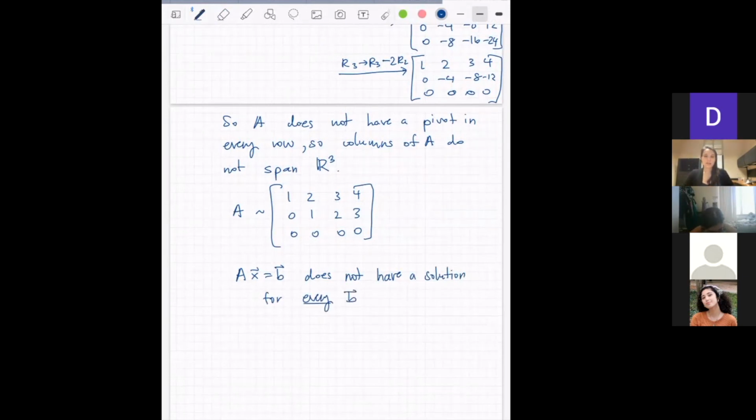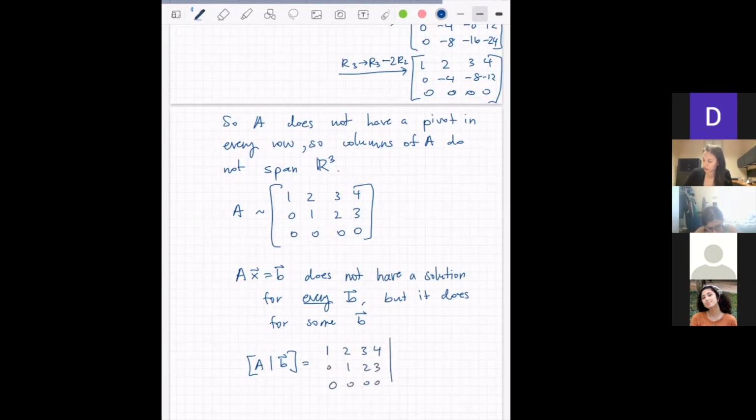But it does have a solution for some. And you can just think about what would happen if you create an augmented matrix using this. I'll just use the row reduced form: 1, 2, 3, 4, 0, 1, 2, 3, 0, 0, 0, 0.